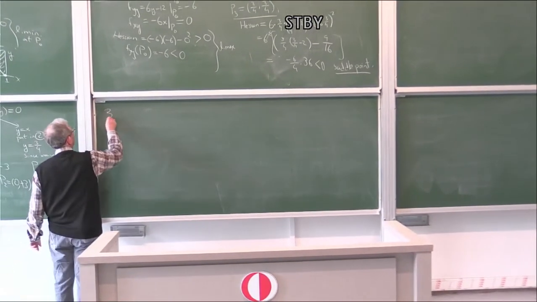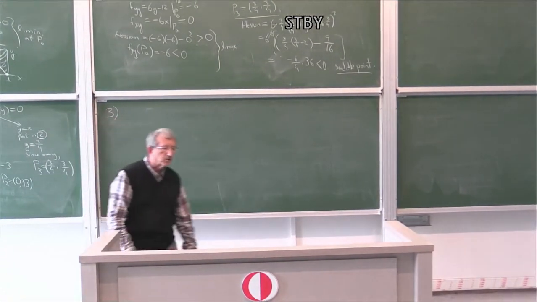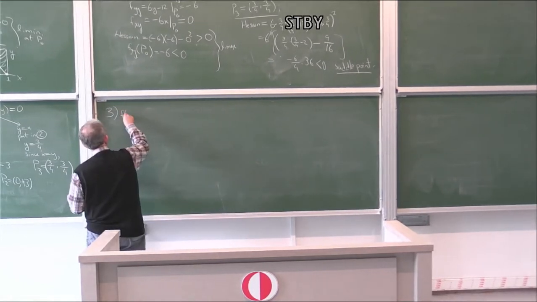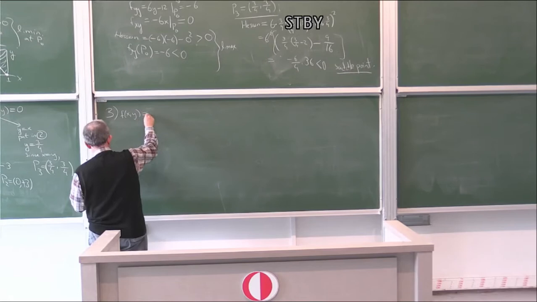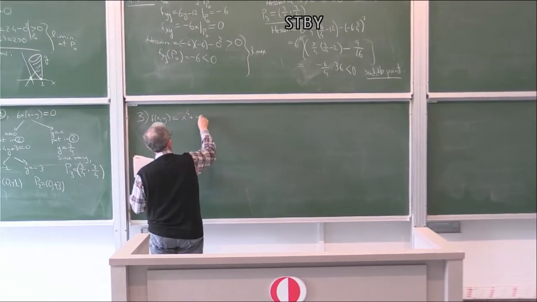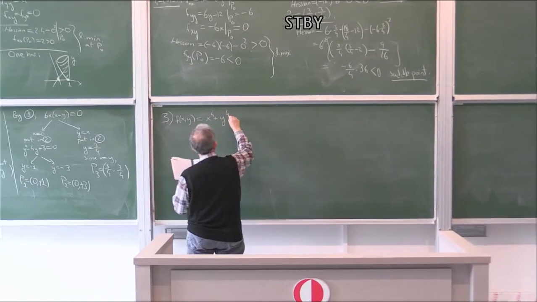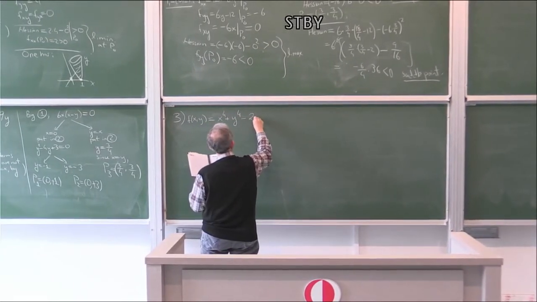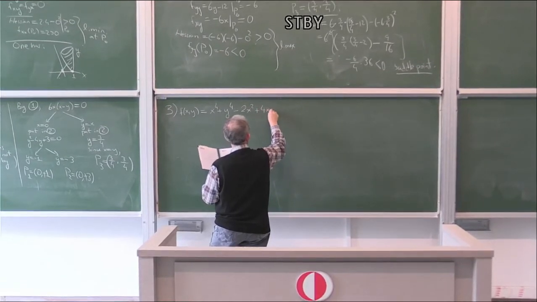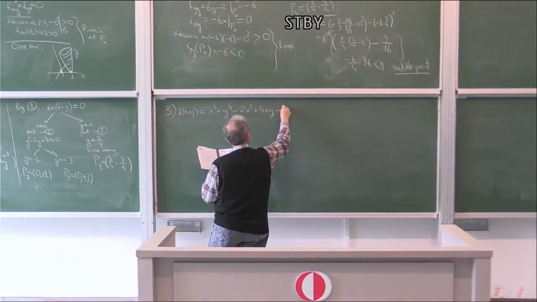As a third, again, a slightly complicated example, let us look at f of x, y, the question being the same: x to the 4th plus y to the 4th minus 2x squared plus 4xy and minus 2y squared.